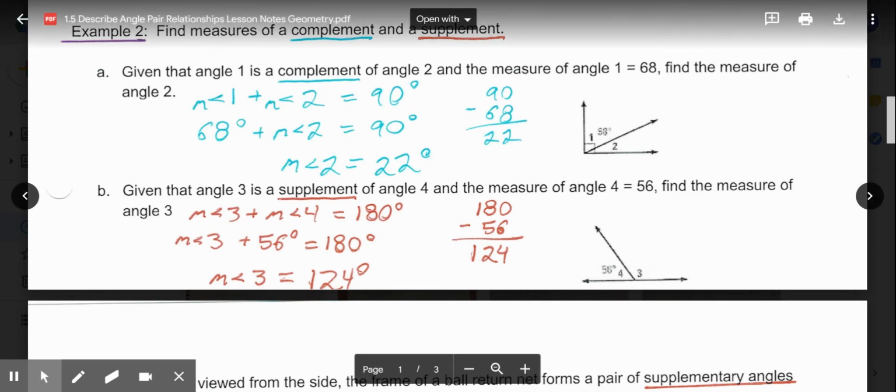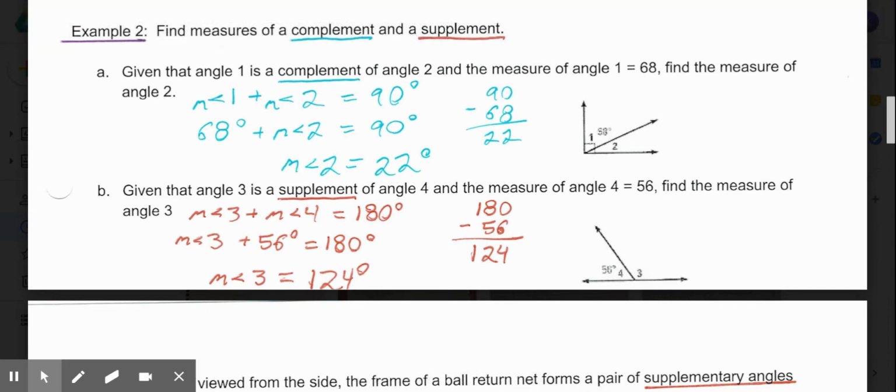So in example 1 here, to find the complement of angle 1, they gave us the measure being 68. We're looking for angle 2, so we know measure of angle 1 plus the measure of angle 2 is 90 degrees, because they're complementary. So 68 plus the measure angle 2 is 90. So then 90 minus 68 tells me angle 2 must be 22 degrees.